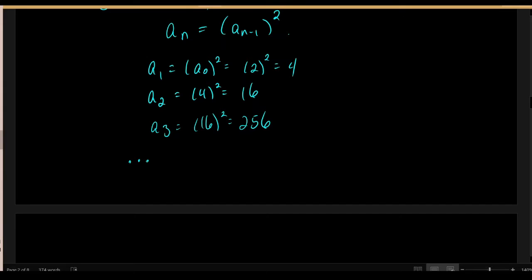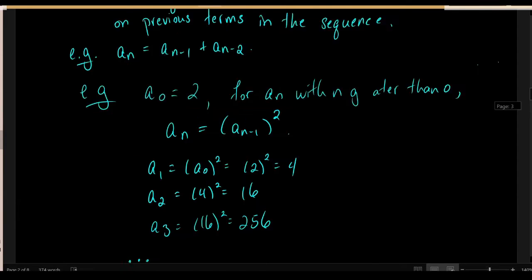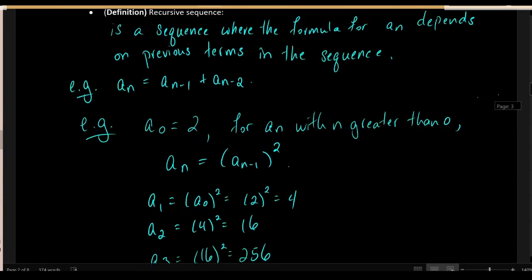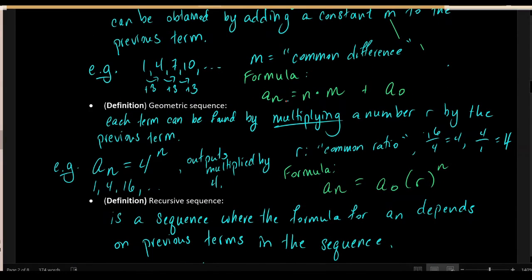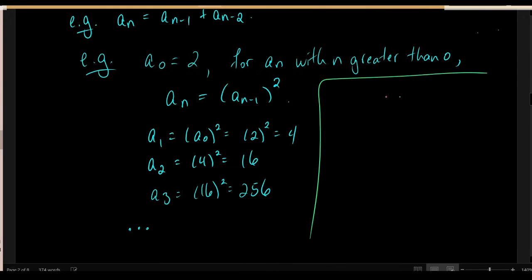Now, a quick word of warning, in particular about the formulas that are used here in green for arithmetic sequences and for geometric sequences. These formulas are all based on the convention that A naught is the first term.